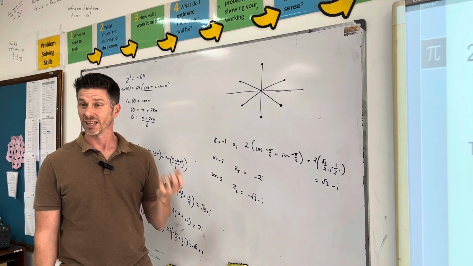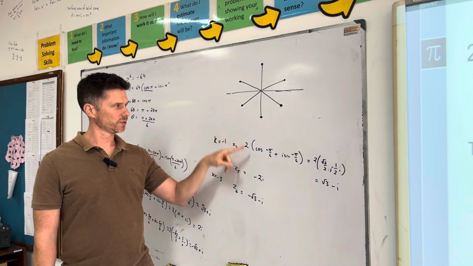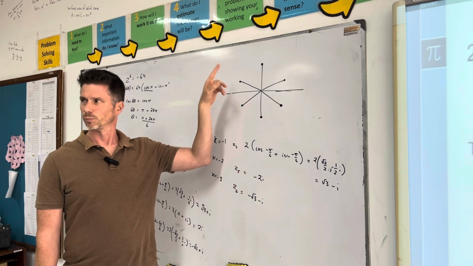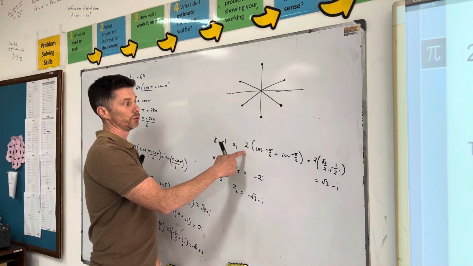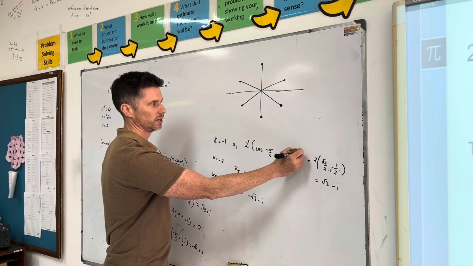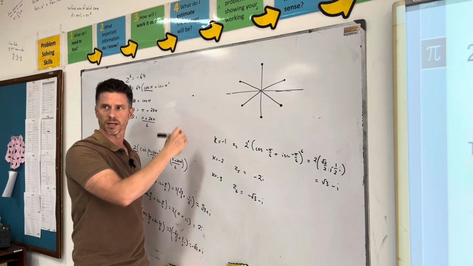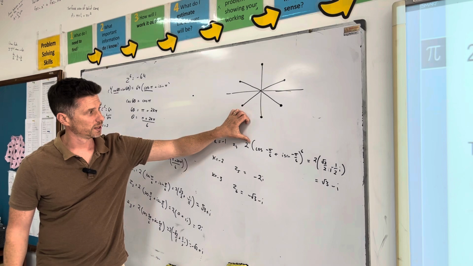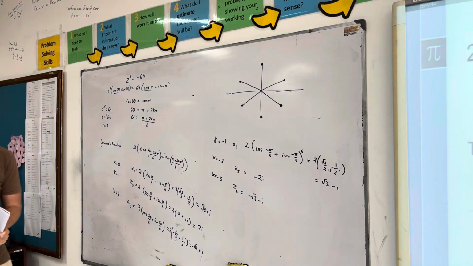So it'd end up with negative pi, which is right there. What happens to the modulus when we keep multiplying it? Well, it has that spiral effect, and it will end up as 2 to the power of 6. It will circle around until it hits way over here at negative 64. Well, 2 to the power of 6 is 64, and the negative comes from the angle.